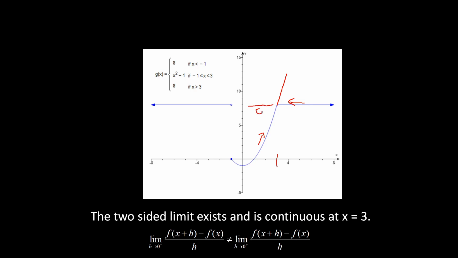Constant is a slope of 0. This up here is certainly greater than 0 since it's sloping up. These don't equal. The left derivative doesn't equal the right derivative. And so we say the derivative doesn't exist at this corner. We say the function here is not differentiable. We can't differentiate it.